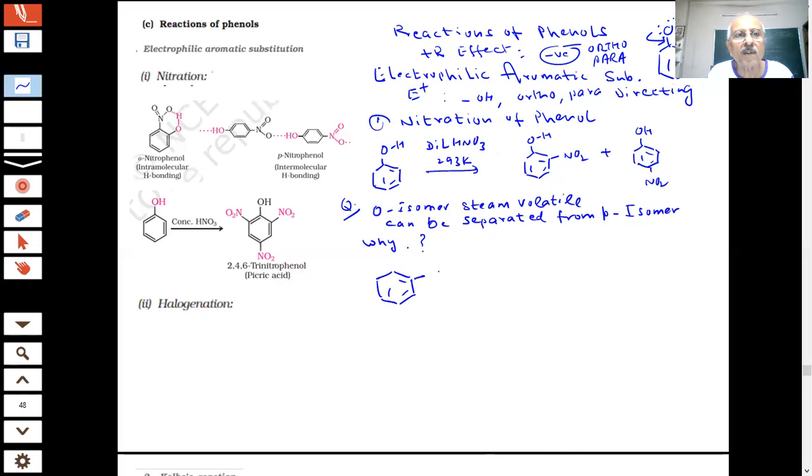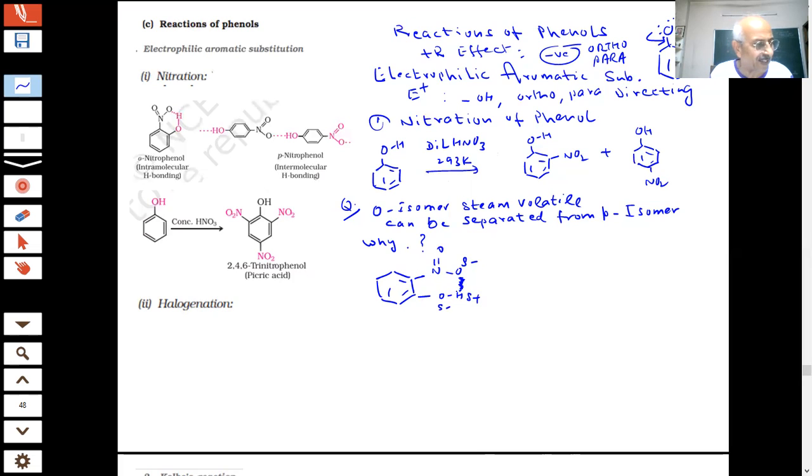This is your orthonitrophenol. Okay, this is negative, this hydrogen is positive, this is negative. So what will happen here? There is a formation of, what is this? Hydrogen bonding within the molecule itself.